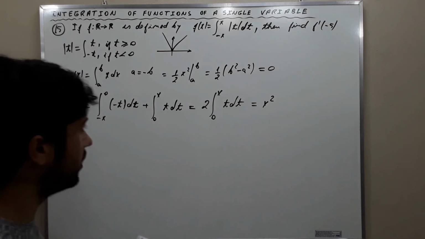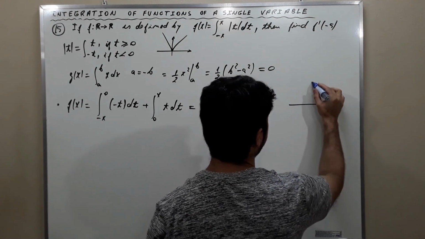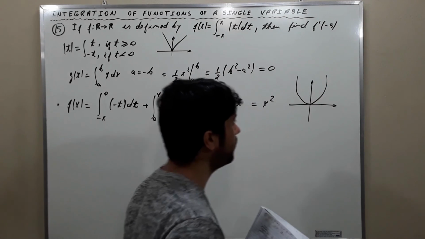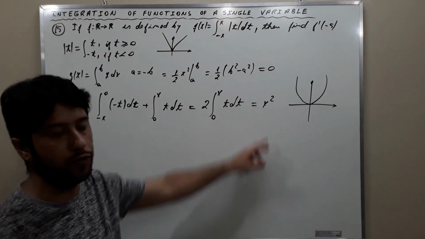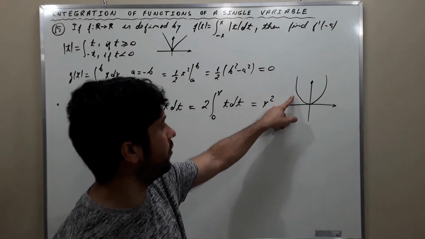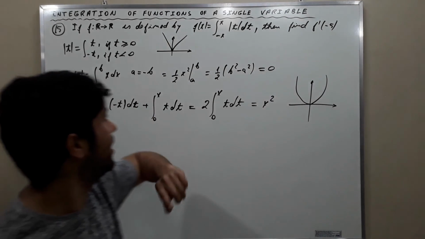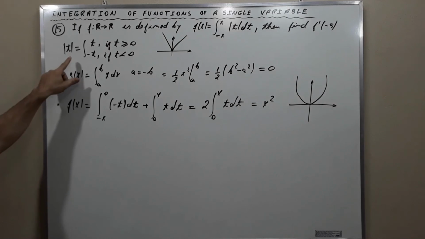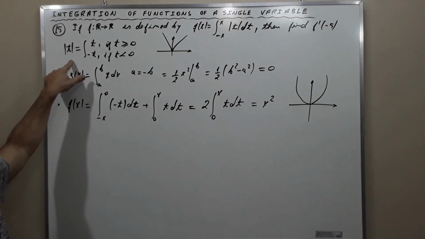Okay? And x squared is a function like this. It's a function like this. And this is not yet what we're looking for, because if we differentiate this function here, the derivative does not produce this function here. How do we then find a function whose derivative is this?